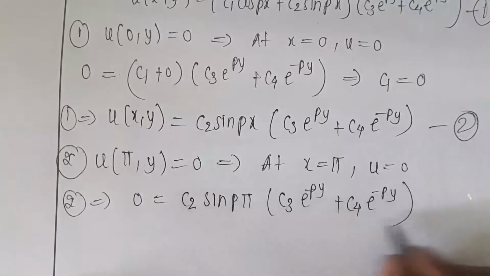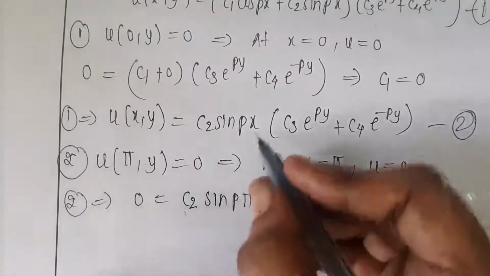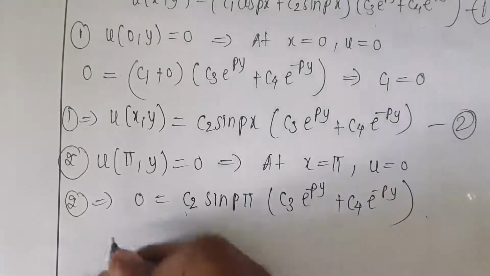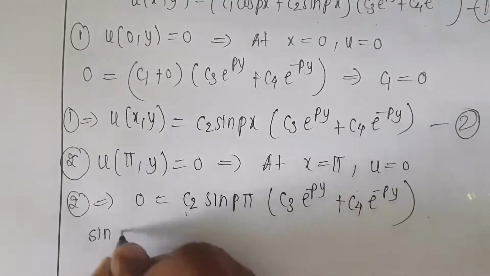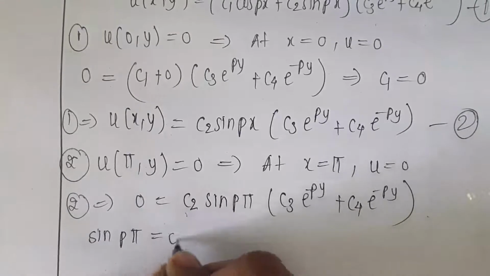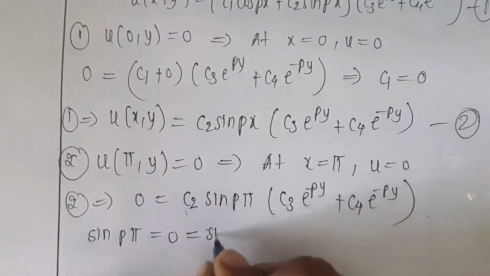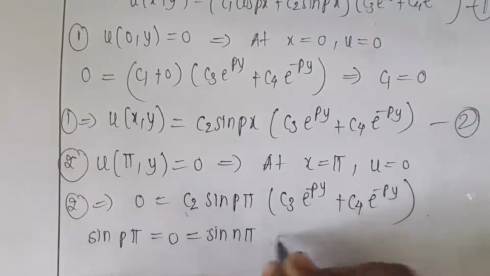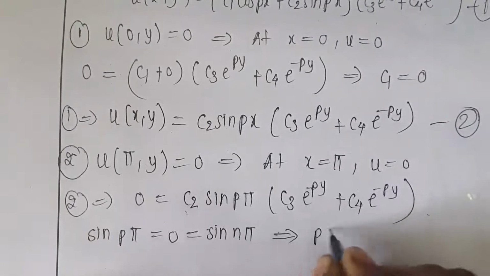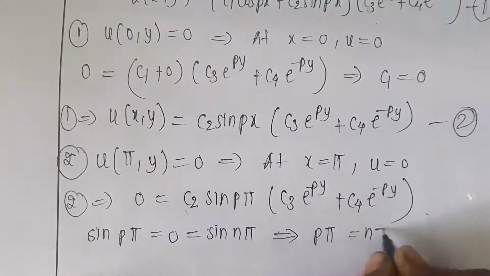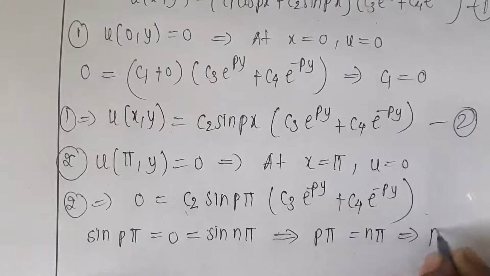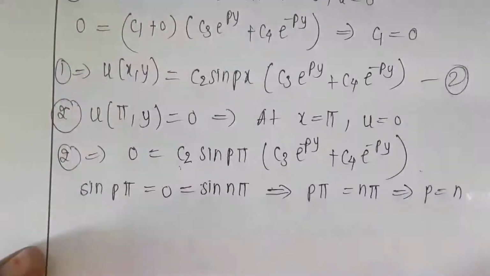Now this bracket cannot be 0, and if c2 becomes 0, the whole solution becomes 0. So only sin(pπ) = 0. Equate it with sin(nπ). Then pπ = nπ, meaning p = n.